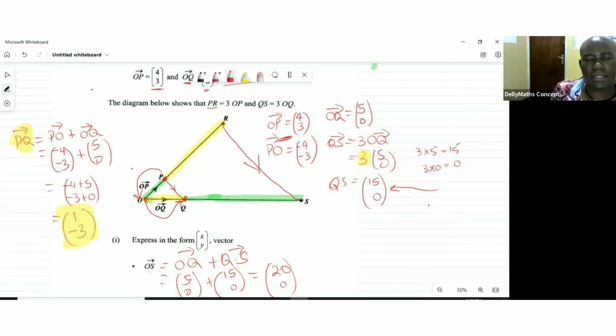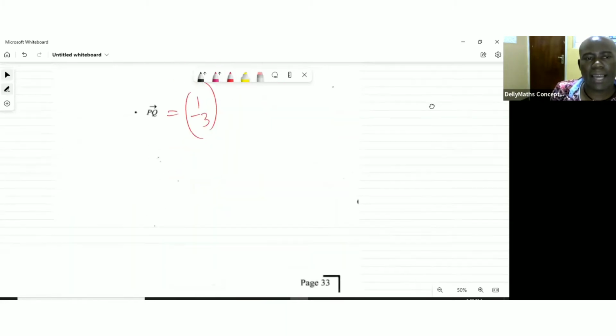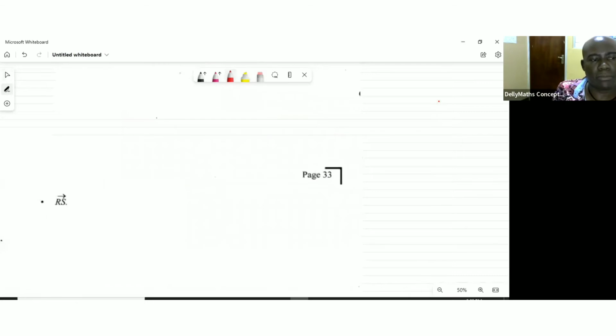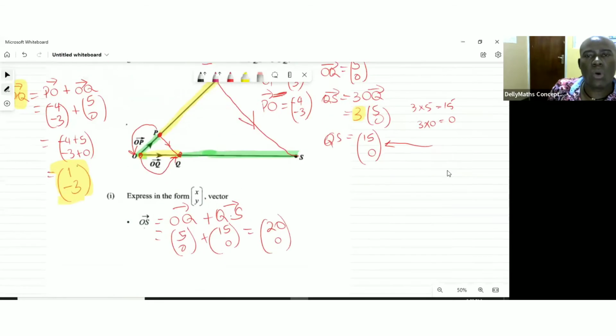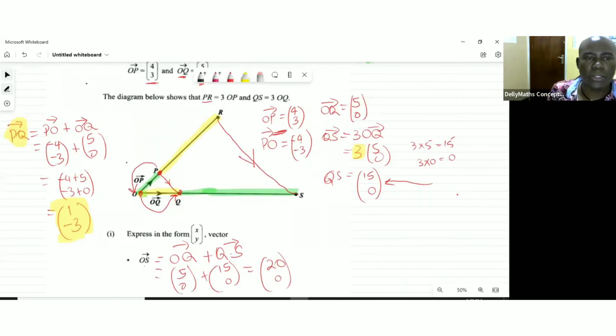You would move from R to O plus O to S, and we would have accomplished RS. There are more than one ways of getting this, but I'm just using that. From R to O, I have OS already, so I need to find RO.